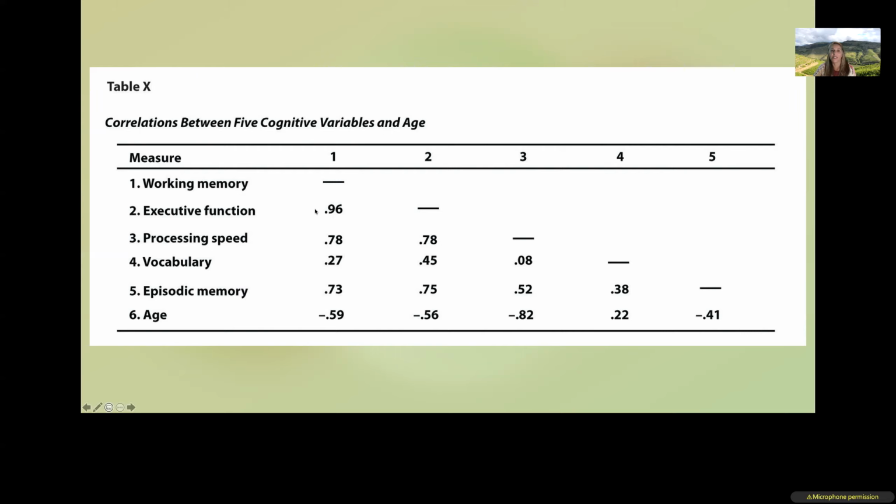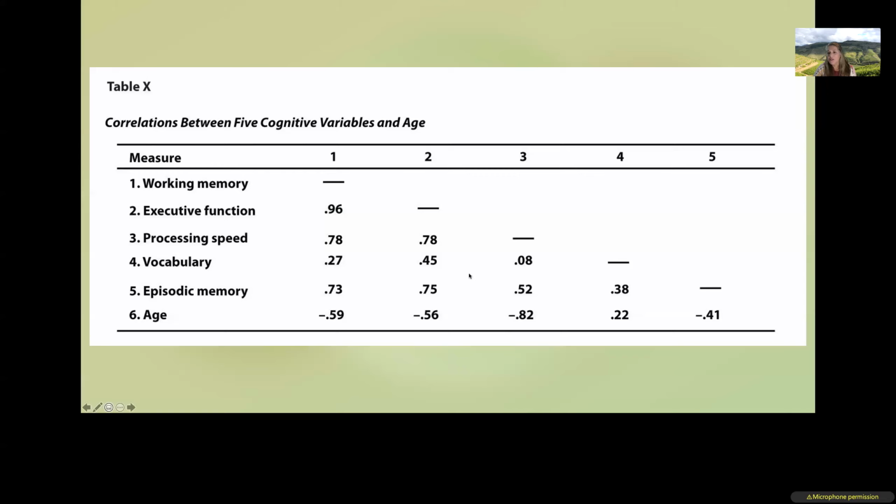That is the closest. This is the strongest positive correlation, and it is between executive function and working memory. Those two things highly influence each other. That is a really strong positive correlation. The more working memory and the more executive function you have, they both increase at the same time.